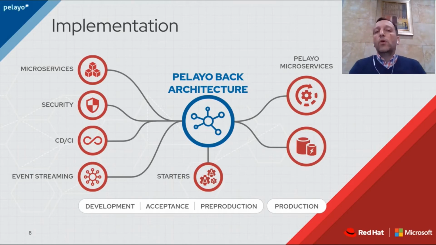We have deployed all this in 2 Aero instances, one for development and one for production platform. I mean, the development platform has development, acceptance, and pre-production environments, and the production platform is in high availability.